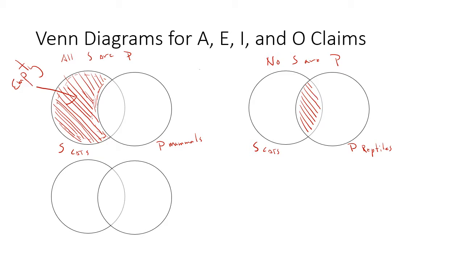So at the bottom here, we'll start with our particular affirmative, which is some S are P, the I claim. Let's continue with our model here with cats, and black things. With some, recall that what some means is that there's at least one.